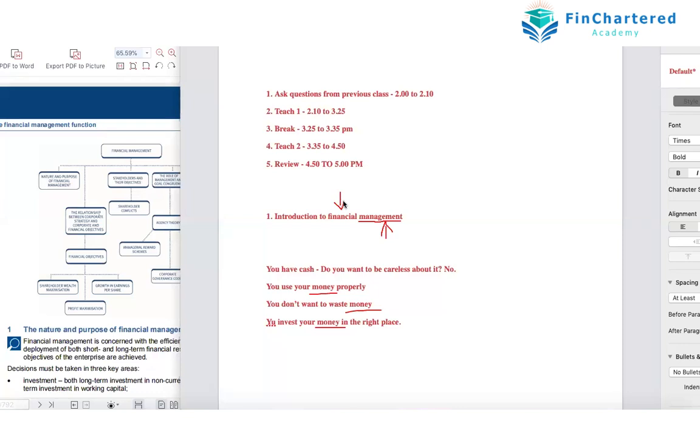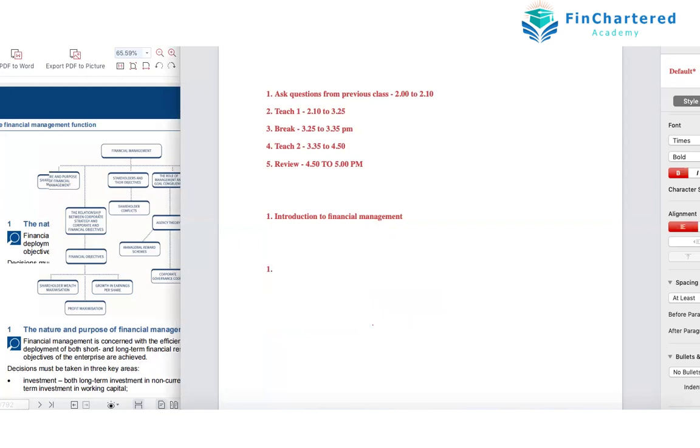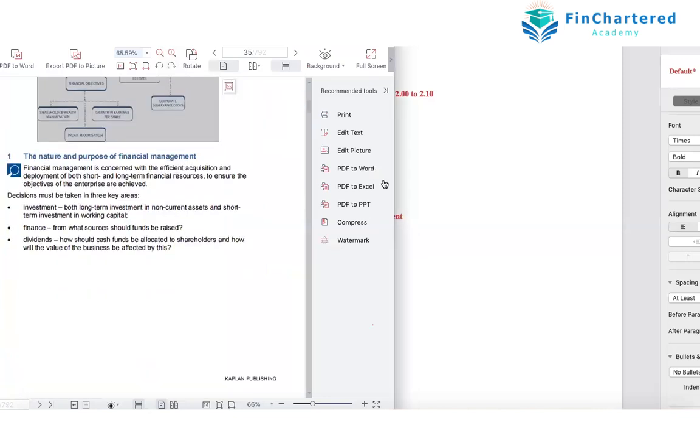We will see where to invest money, right? First thing we will see is where to invest money. Should I invest in project A or B? I will teach you how to make better investment decisions with the finances that you have. I will teach you to invest money in the right project, in the right place, right?